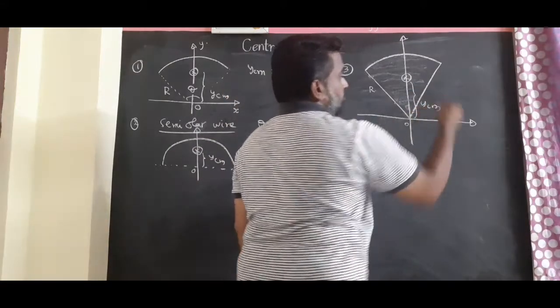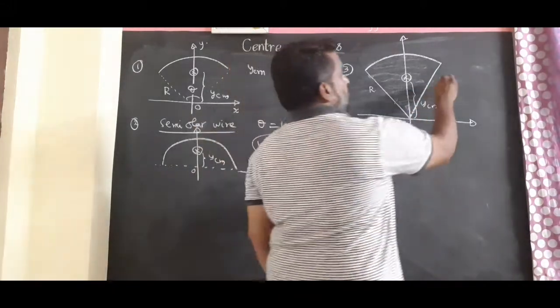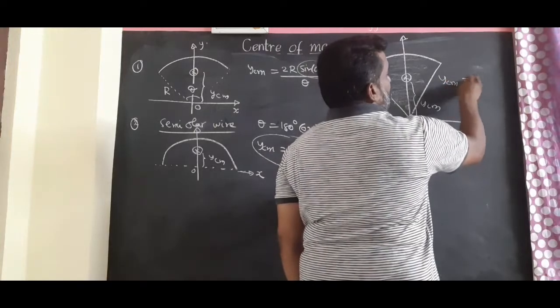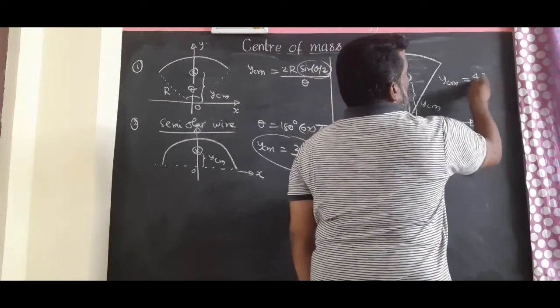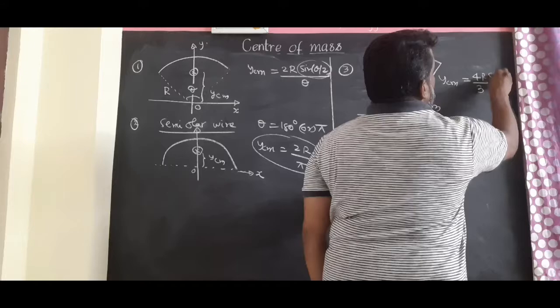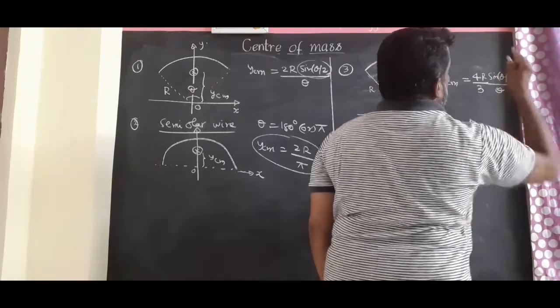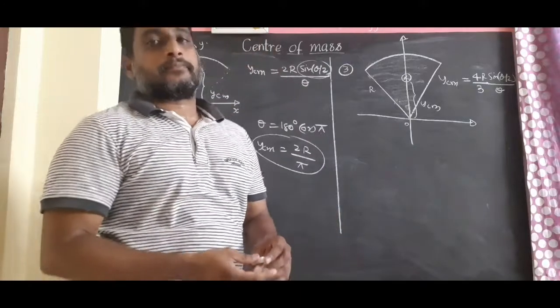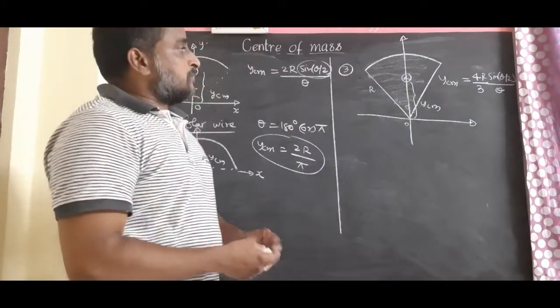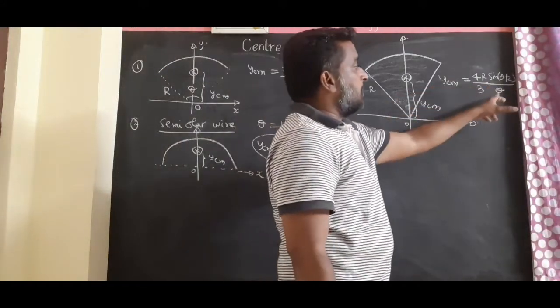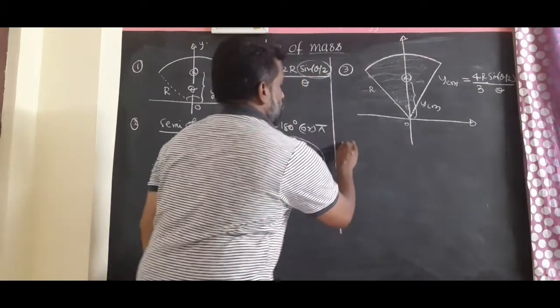This is YCM. So YCM will be equal to 4r by 3 into sin theta by 2 divided by theta is the equation.